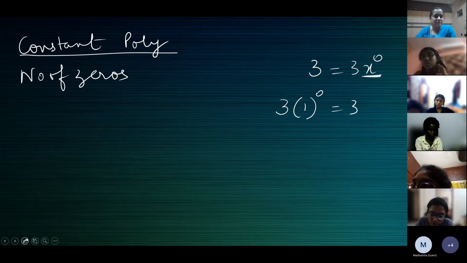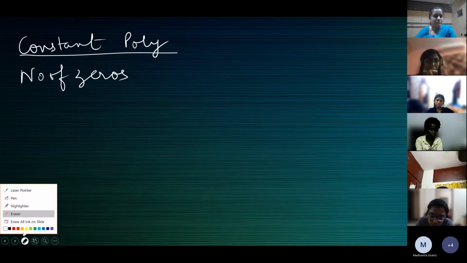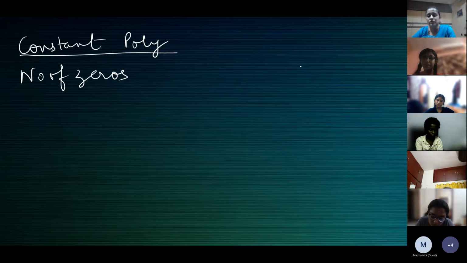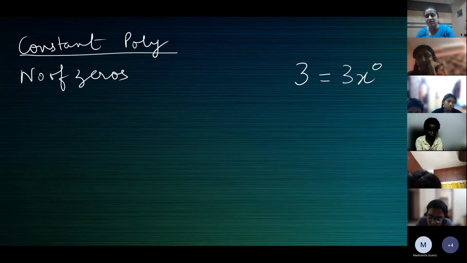Let me go slowly again. 3 can be written as 3 times any variable, x, y, z, anything, to the power 0, because x to the power 0 is 1 and 1 into 3 is only 3. If you simply write x, it will become 3x. 3 and 3x are not the same.